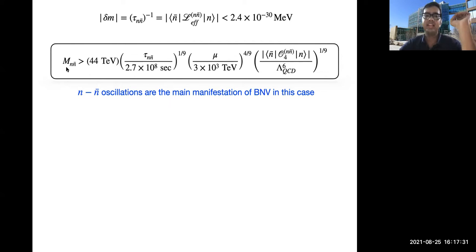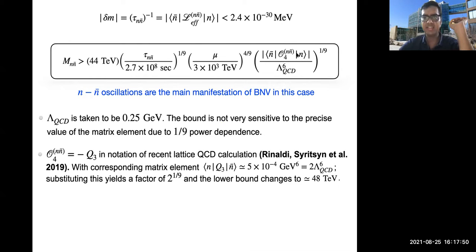So the bottom line is that separating out quarks and leptons in the extra dimension can easily suppress proton decay, but n n-bar oscillations can occur at a level comparable to current experimental limits. And n n-bar oscillations become the main manifestation of BNV in this case. These bounds are not very sensitive to the matrix element because of the appearance of this 1/9 power.